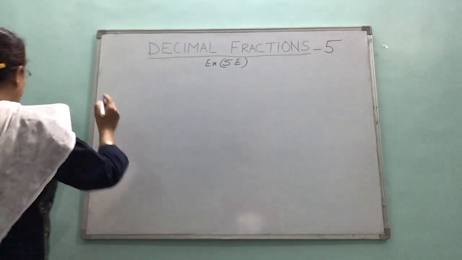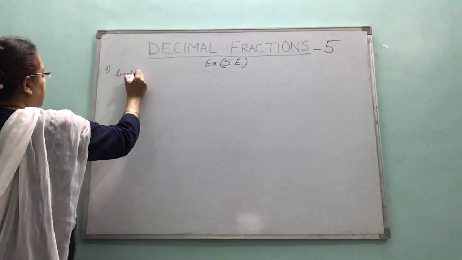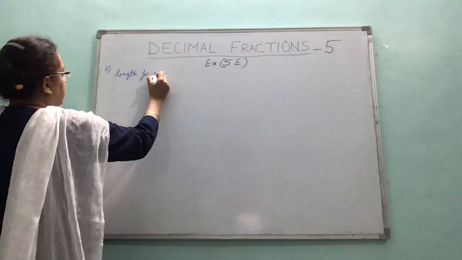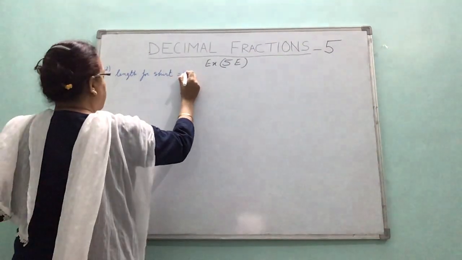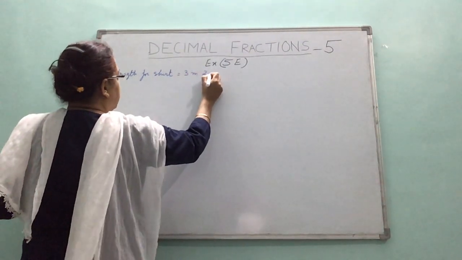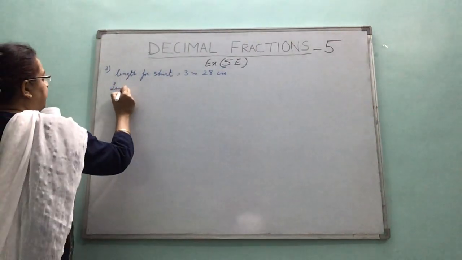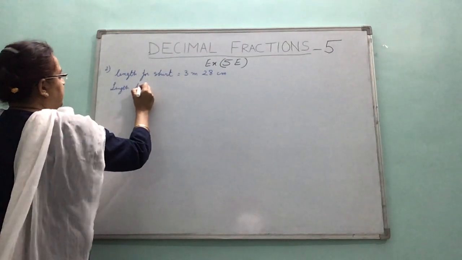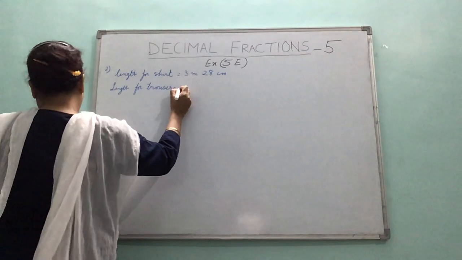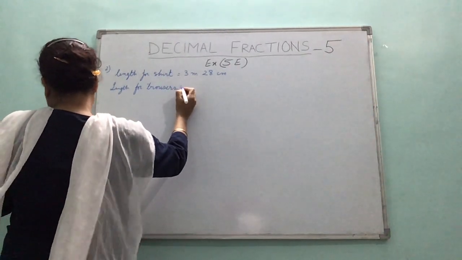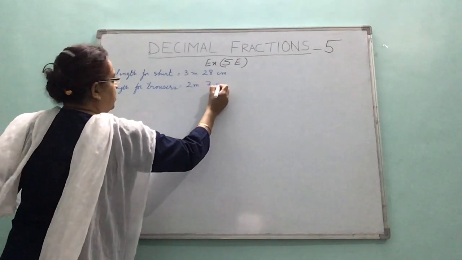Alright. So when I'll write small statements, length for shirt is 3 meter 28 centimeter and length for trousers is 2 meter 7 centimeter.